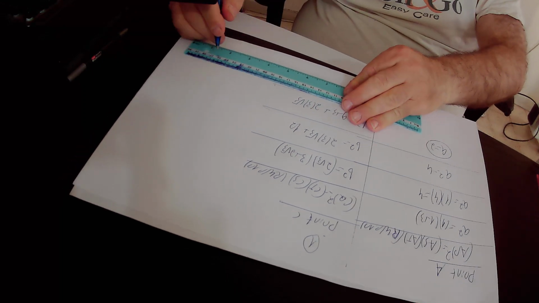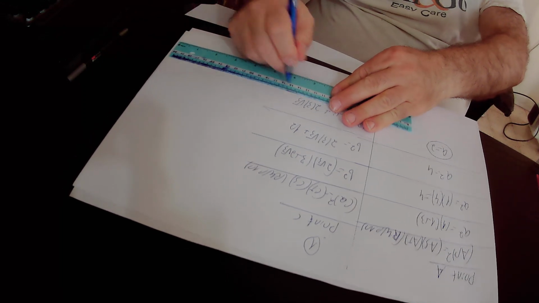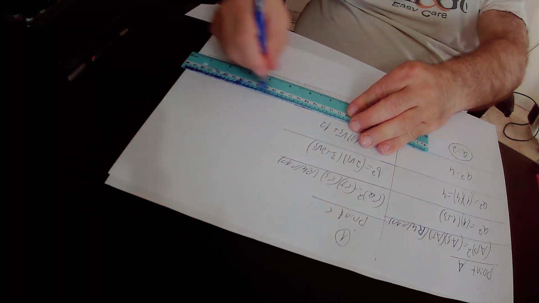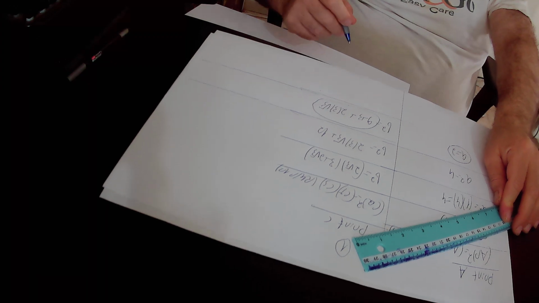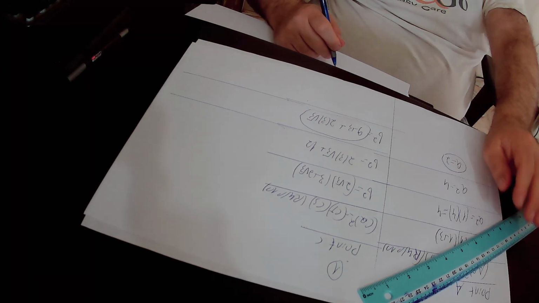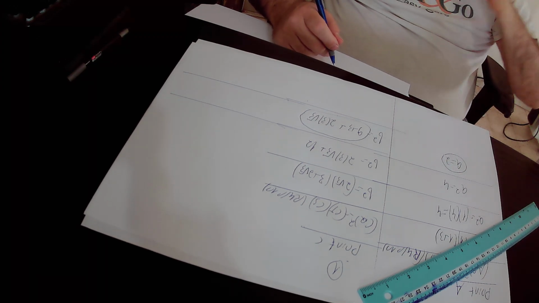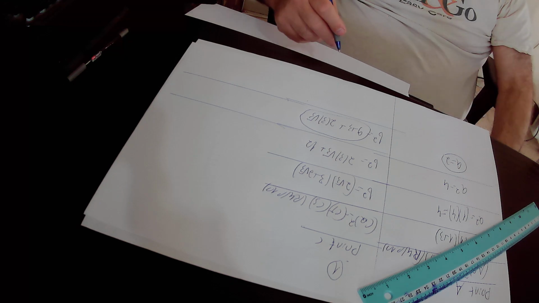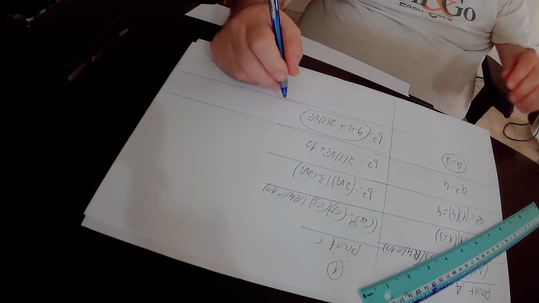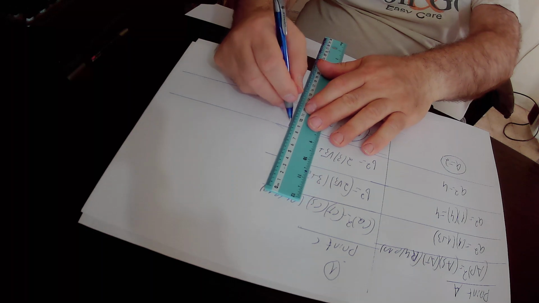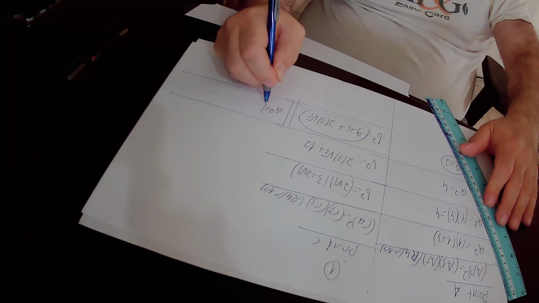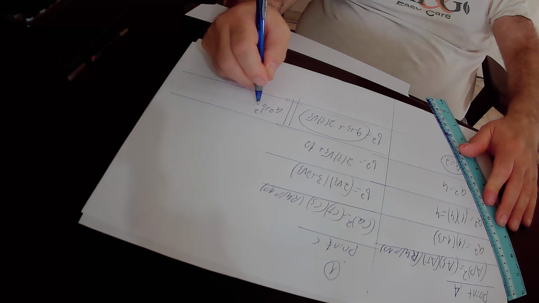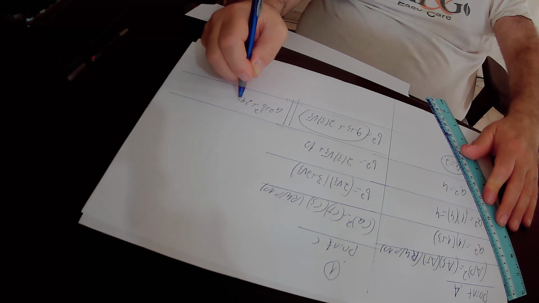So actually this expression, 9 plus 3 plus 2 times 3 times the square root of 3, is equivalent to the expression A squared plus B squared plus 2 times A times B.